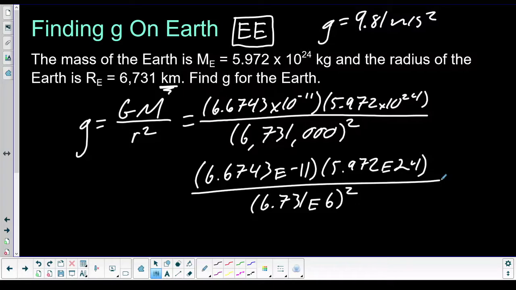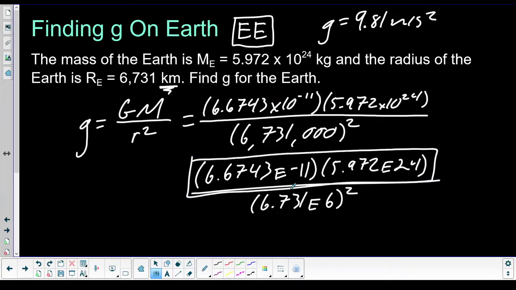I'm notoriously, what's the word, mistrusting of calculators and their order of operations. They do it really well, but almost too well, like suspiciously well. You know what I mean? So when I type this in, just so I don't goof it up, I would multiply this together and then divide by this thing squared.